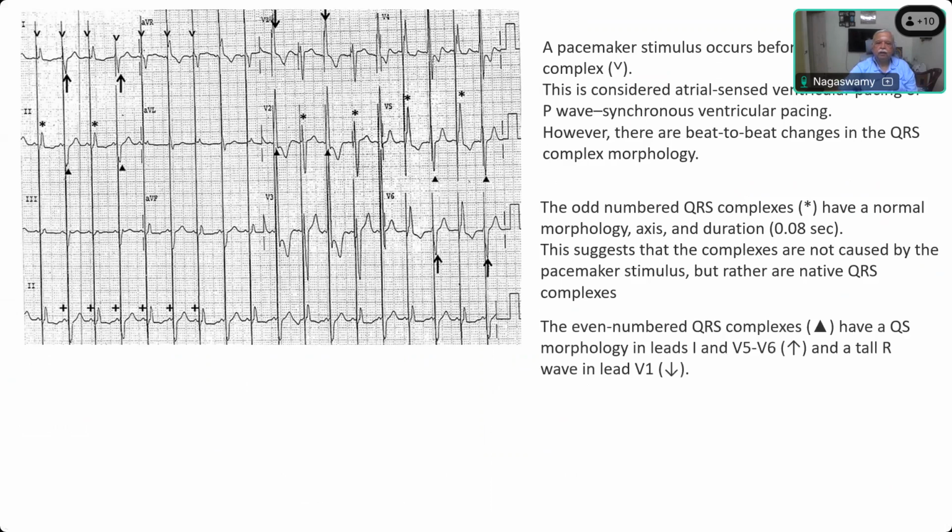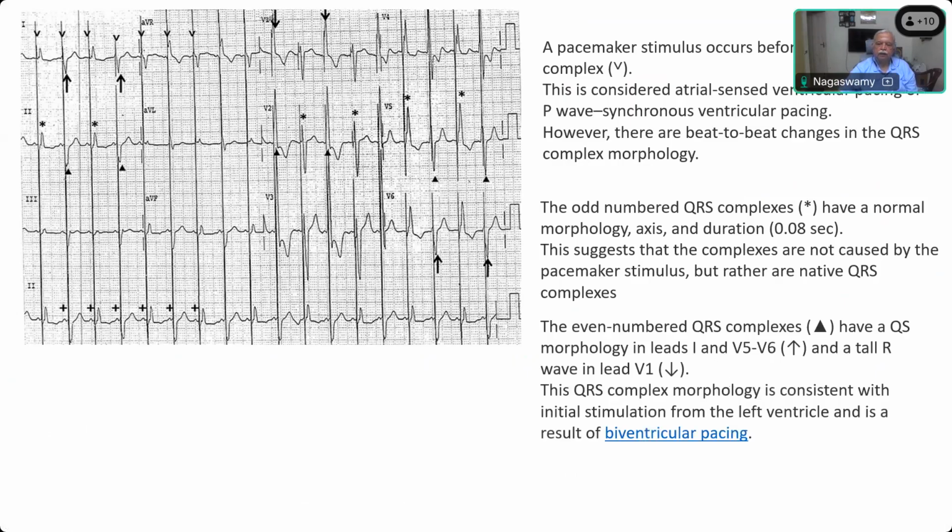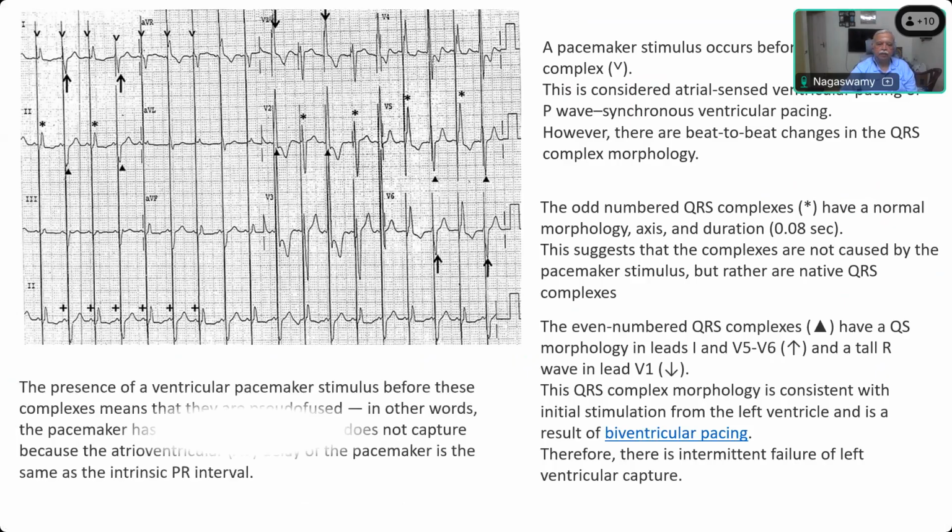The even numbered QRS complexes have QS morphology in V1 and V6 and a tall T wave in lead 2, indicating that it's the result of biventricular pacing. Therefore, there is an intermittent failure of left ventricular capture happening. Of course, this is a little complicated, so let's not go through that.